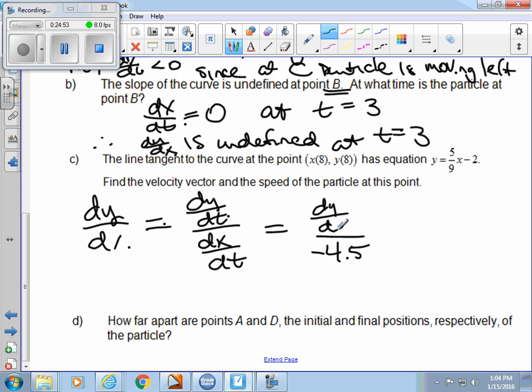What should those divided equal at time 8? Yeah, time 8, that should equal 5/9. Could I solve for dy dx? Multiply by negative 4.5? 5/9 by negative 4.5? Is it? Okay, I'll take your word for it.